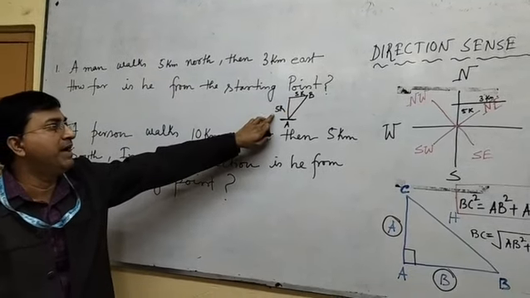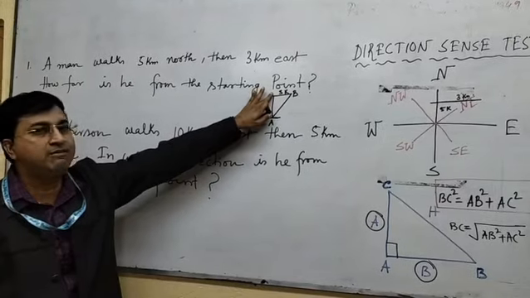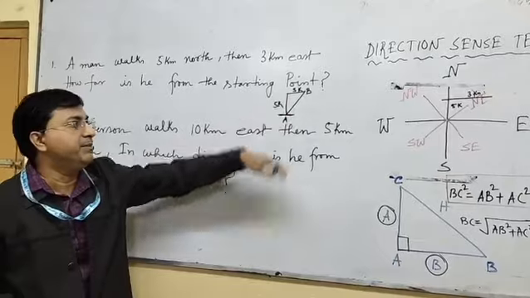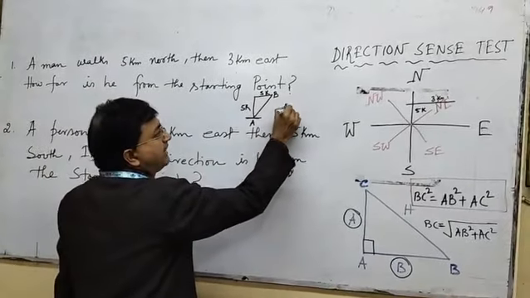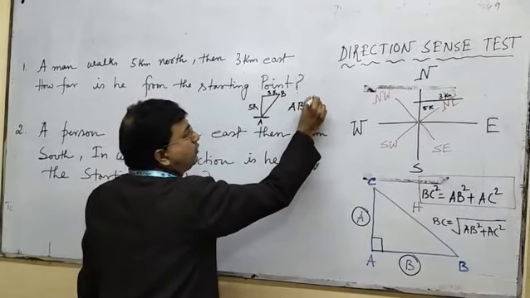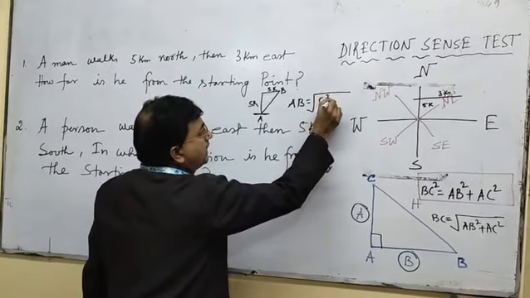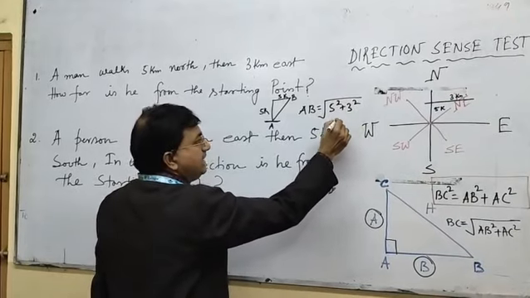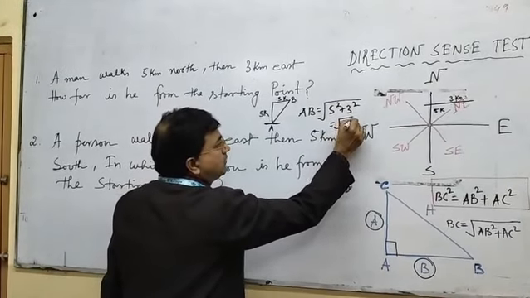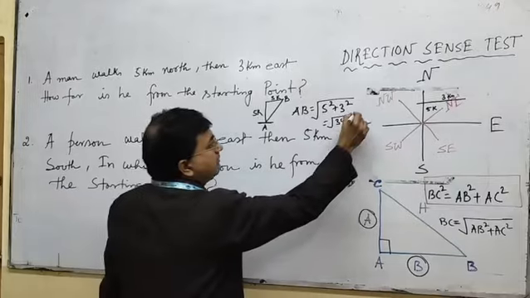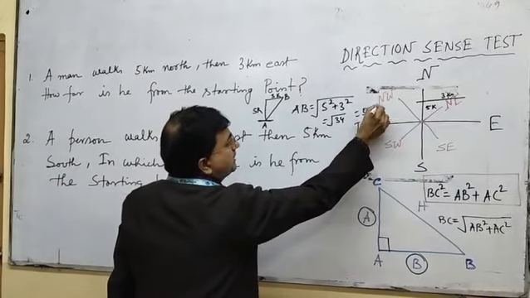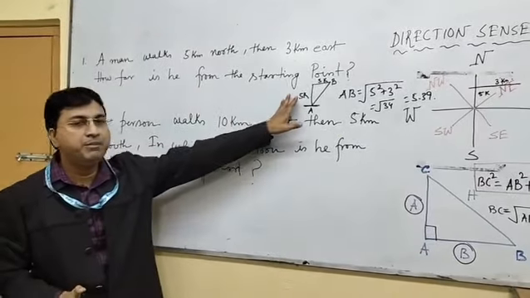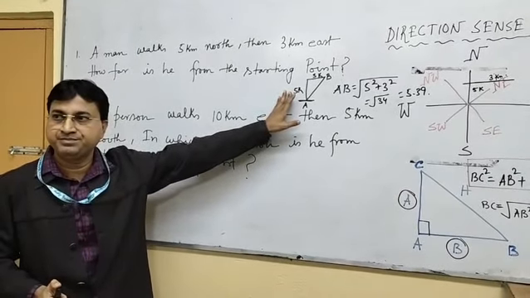We just have to square this value and square that value, add them, then we will get this AB. So we can write AB equal to root over 5 square plus 3 square, 25 plus 9, that is root 34. So you will get the value approximately 5.39. So it is an application of the Pythagoras theorem.